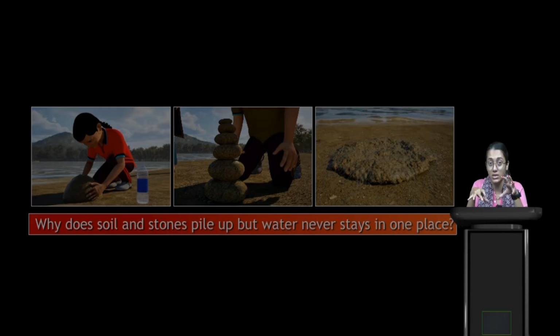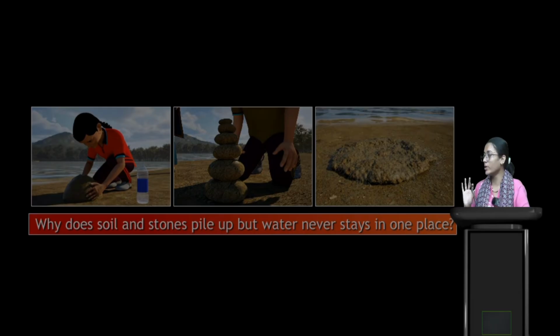First it took the shape of the bottle, and whenever she was using her hands, the water took the shape of the girl's hands, isn't it? So in all these cases, one question is coming to our mind: why do soil and stones pile up but water never stays in one place?